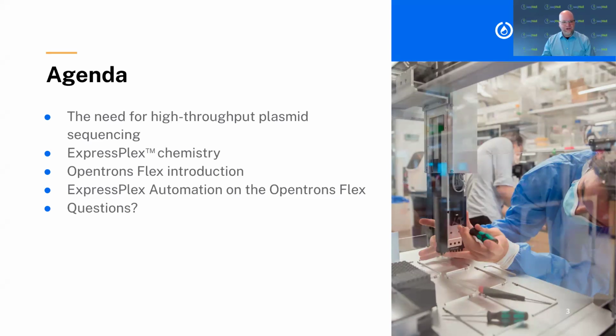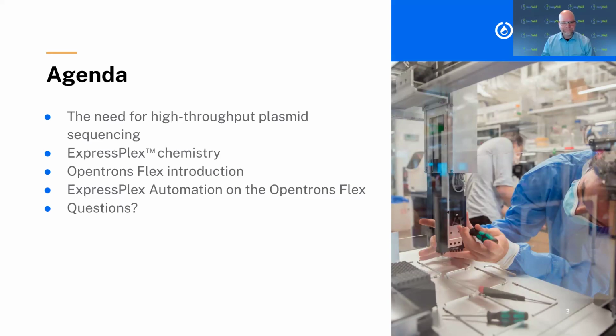And then I'll turn it over to Kennery, and she'll describe the Opentrons Flex platform and how we actually automated the ExpressPlex chemistry on the Opentrons Flex, including some results and data and understanding about what we were able to actually achieve. And then we'll finish up with some descriptions of what our future looks like, and then open it up for questions at the end.